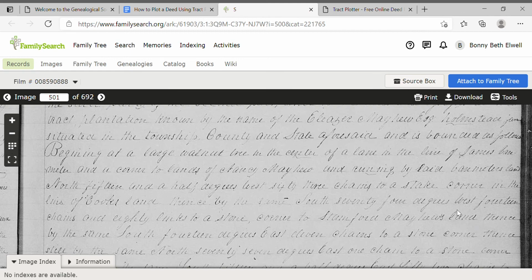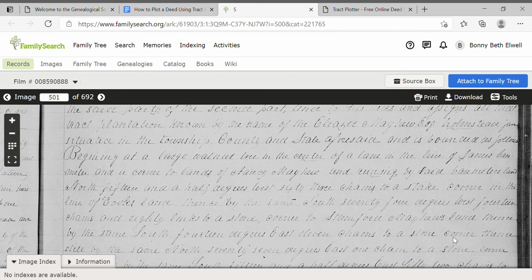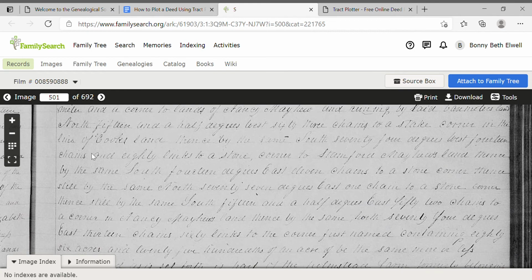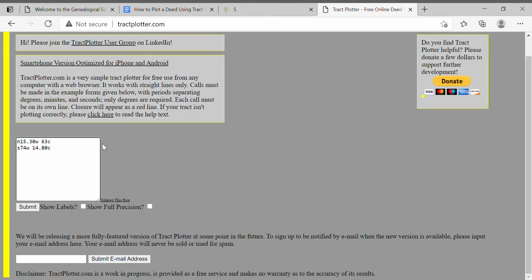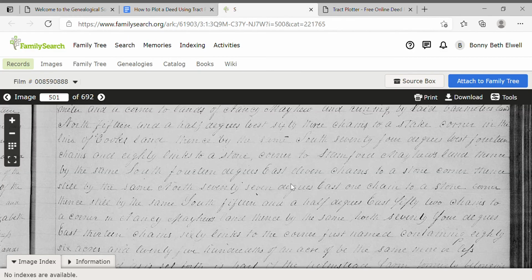And back to our next call. So we went south 74 degrees west 14 chains and 80 lengths to a stone corner. Thence, here we are on our next call. Thence by the same, south 14 degrees east. So we're going to go to the next line and enter south 14 degrees east.